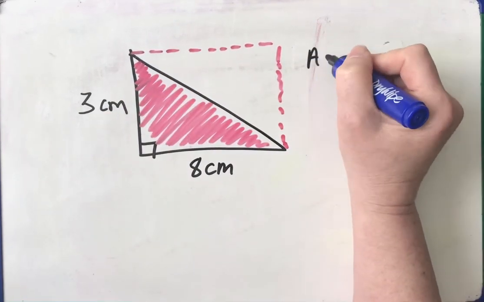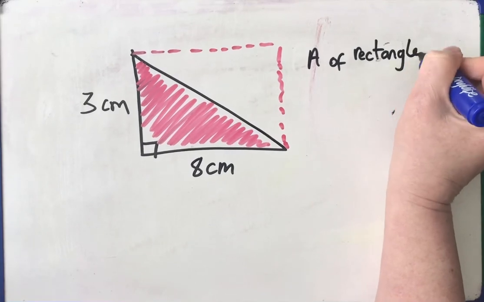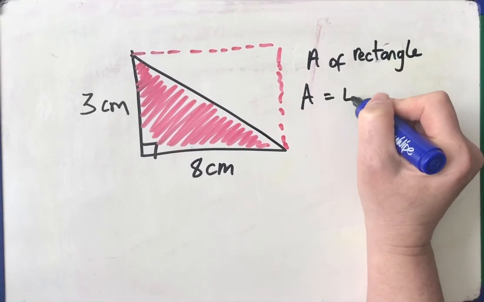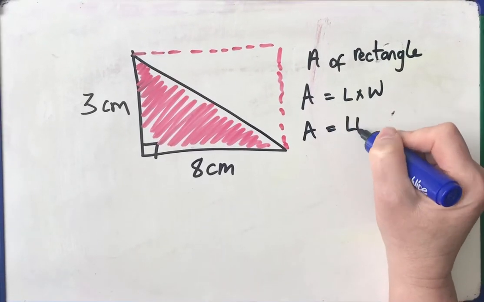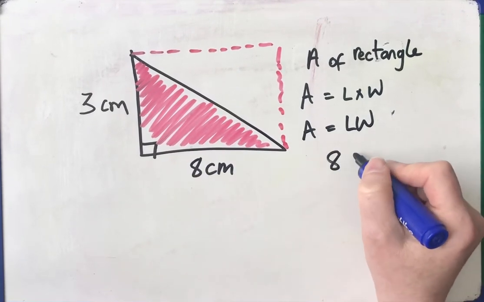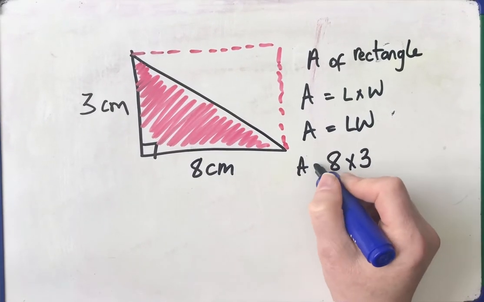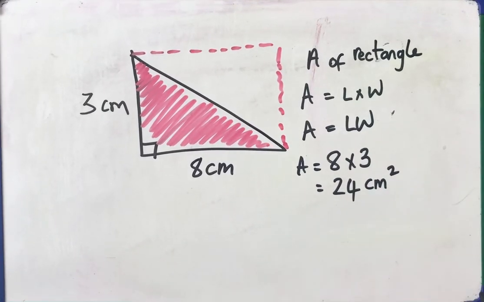So the area of the full rectangle, A for area, is simply length times width, or in algebra, as you know, we don't use the times sign, so it's just LW. Well, that would be 8 times 3, which is 24 centimetres squared.